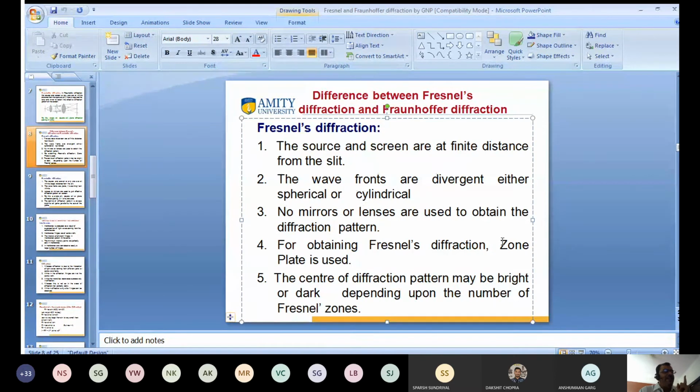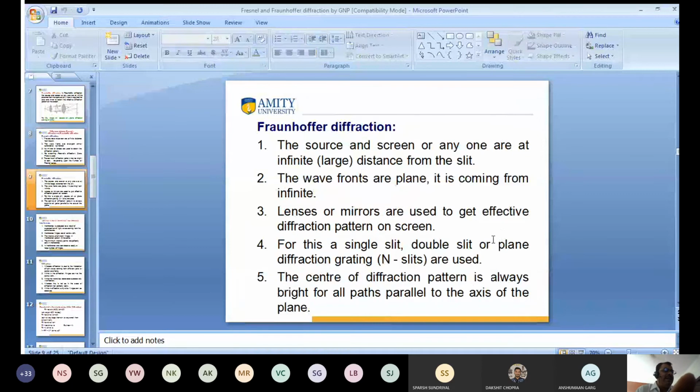But for Fraunhofer diffraction, the examples are single slit, double slit, and plane diffraction grating, called N slit. Fraunhofer diffraction you can get from a single slit, from a double slit, and also from an N slit.